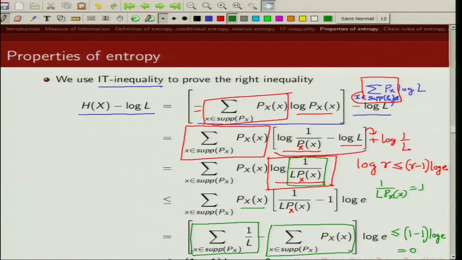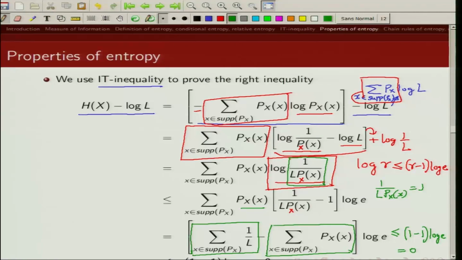So p(x) should be 1 by L for all x belonging to the support set of p. In other words, p(x) should be uniformly distributed. So when my discrete random variable is uniformly distributed, H(X) equals log of L, and that is the maximum uncertainty associated with x.